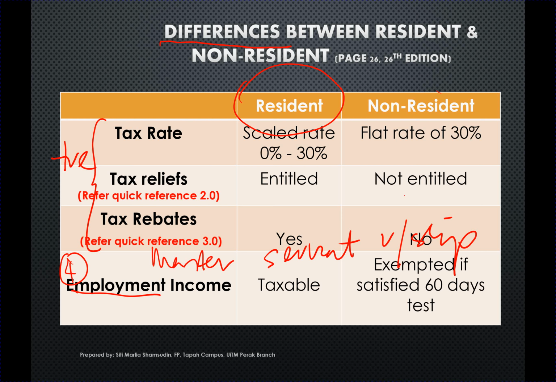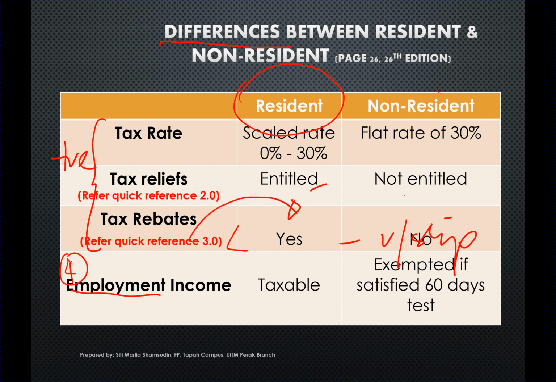You have to execute your task according to the rules that have been laid out by the master, by your employer. Okay, so whenever you work with someone, you become the servant here. Ini ayat-ayat law lah. That's why dia wujudkan master and servant relationship. Whenever you perform any duty as laid out by the master, apa-apa yang dia bayar, yang awak dapat, inilah employment income. Okay, this will be the employment income.